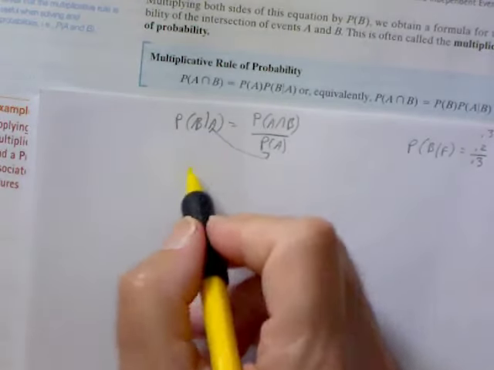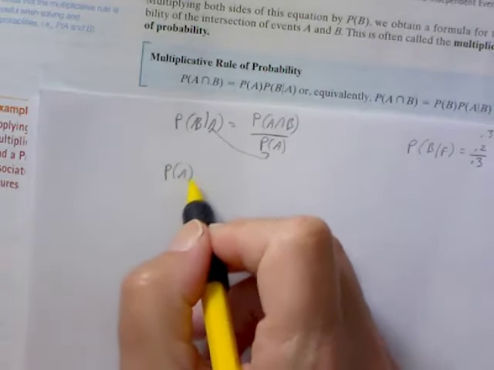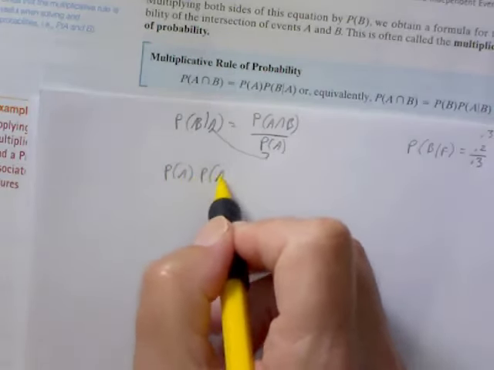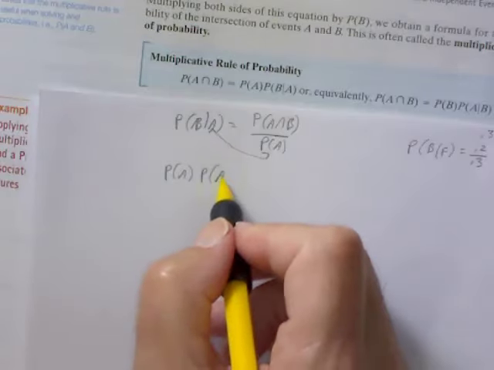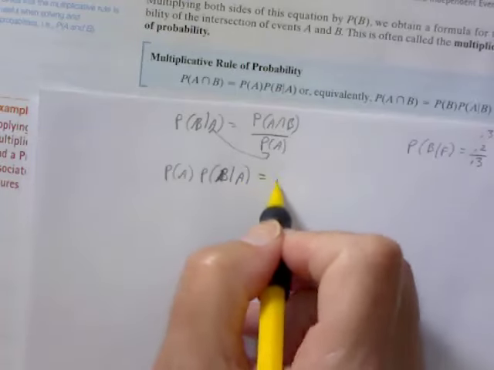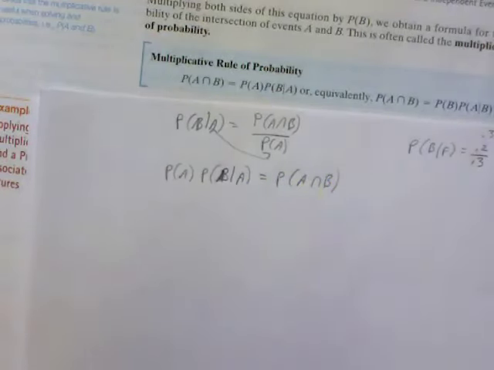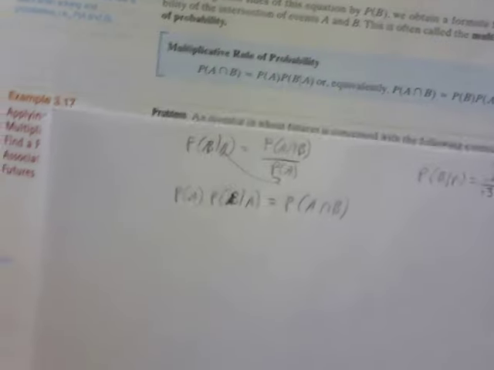And if you just multiply both sides by the probability of A, you get the probability of A times the probability of B given A is equal to the probability of A and B. So that's very easy. That's the multiplicative rule.